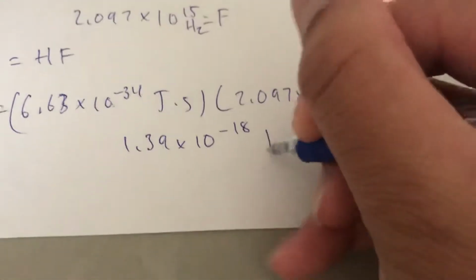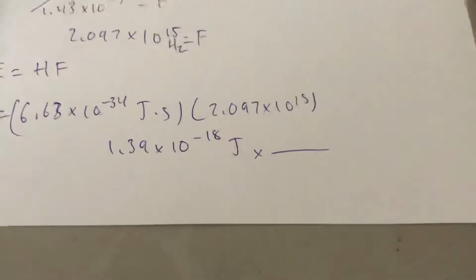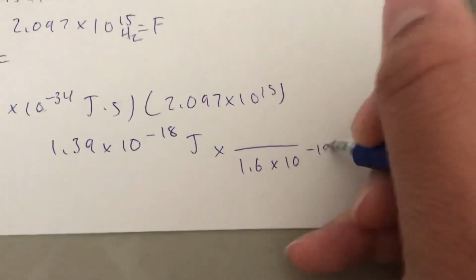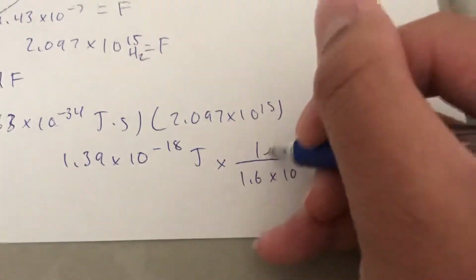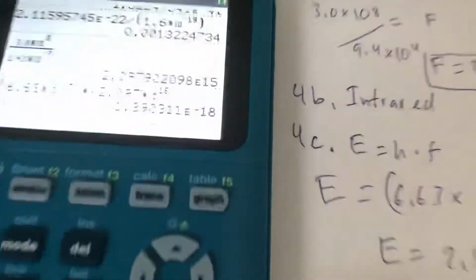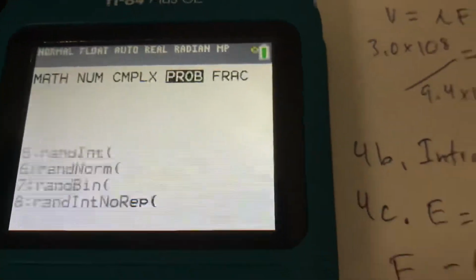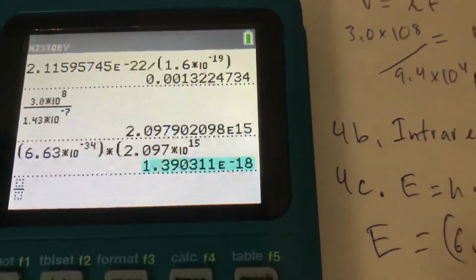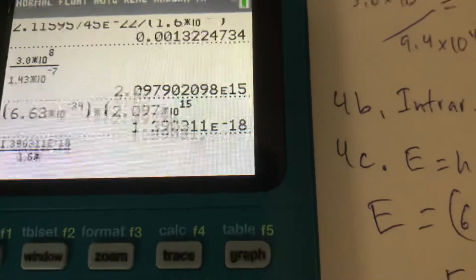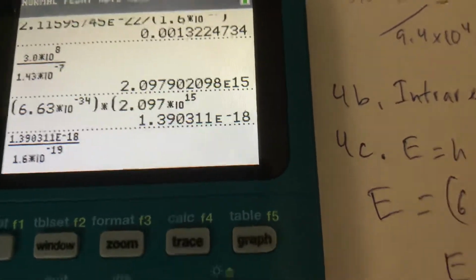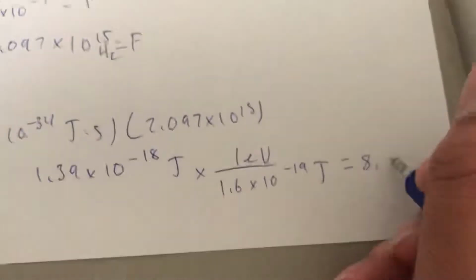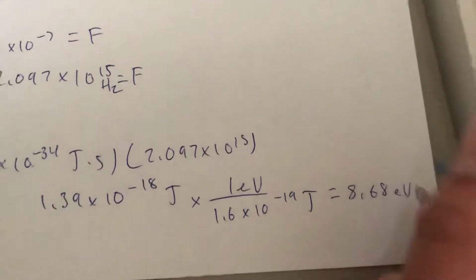Right now, this is joules, and in order to convert it to eV, we need to divide by 1.6 times 10 to the negative 19 joules, since for every 1 eV, there's 1.6 times 10 to the negative 19 joules. So that is 8.68 eV.